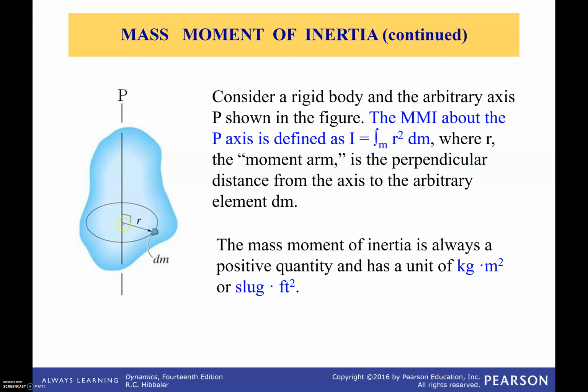For each piece, you calculate the perpendicular distance to the axis, and then you add over all those pieces. When you do that, you get this integral here, and that is called the mass moment of inertia. The units are kilogram meter squared, or slug feet squared in British units.